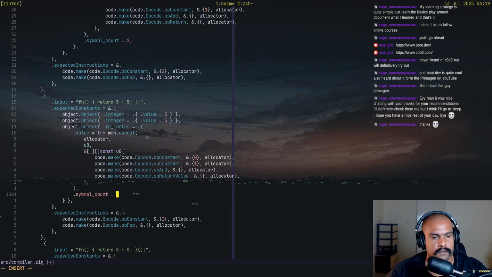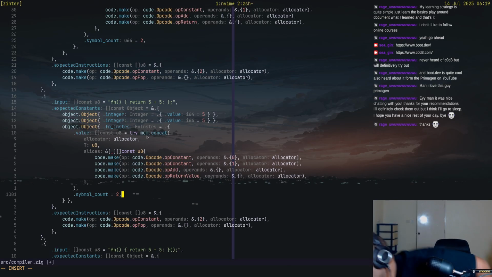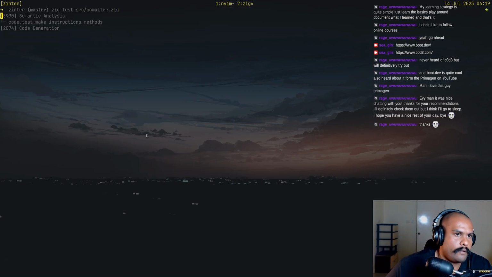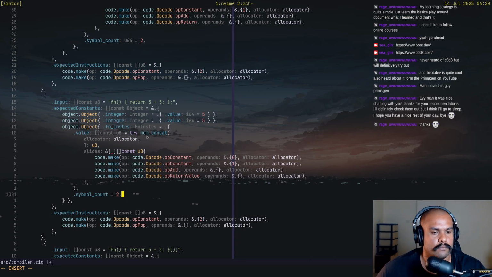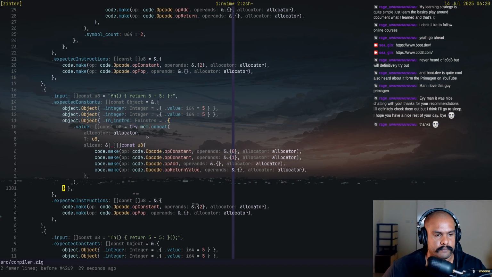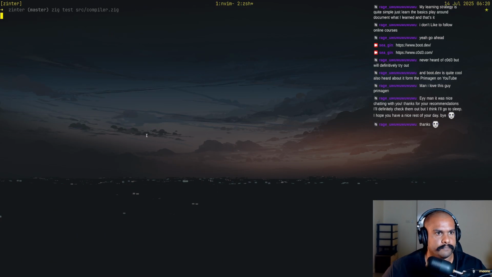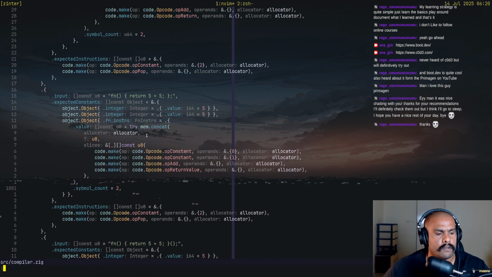Symbol count equals 2. Oh, I forgot to save. 1001.